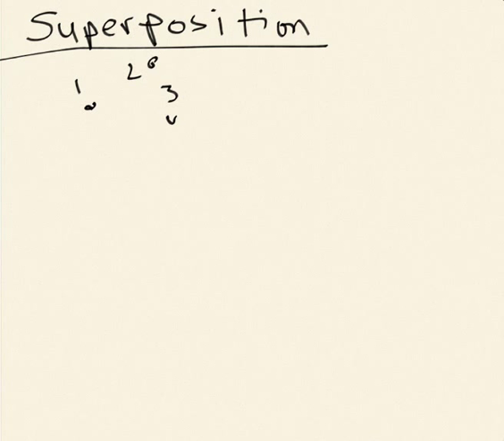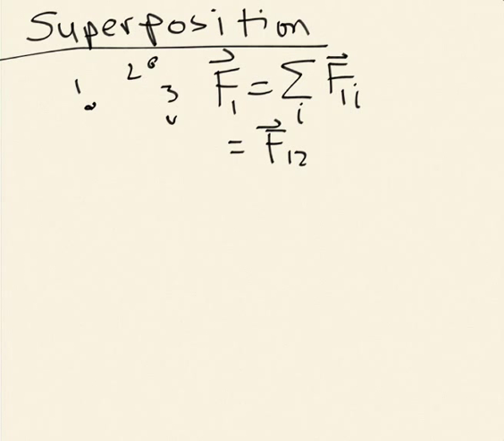So if I want to calculate the force on particle 1, I'll sum up all the forces of other particles, the force on particle 1 due to the ith particle. So in this particular example, it would be F12 plus F13. This just indicates the forces are linear, that you just add them up. It doesn't get amplified by the fact that there's another particle nearby trying to push on you too. They just push independently, and you just add up the total force. So that's the concept of superposition.